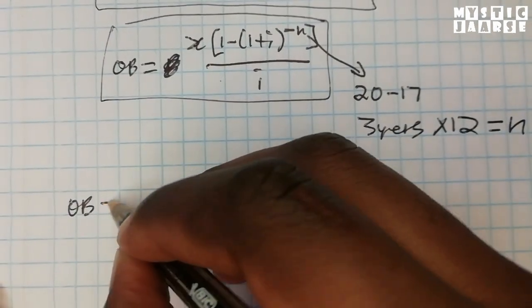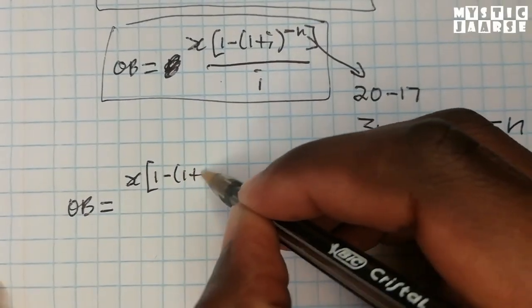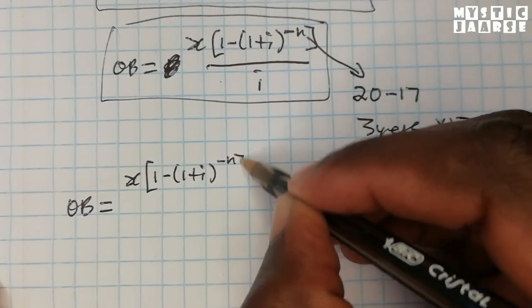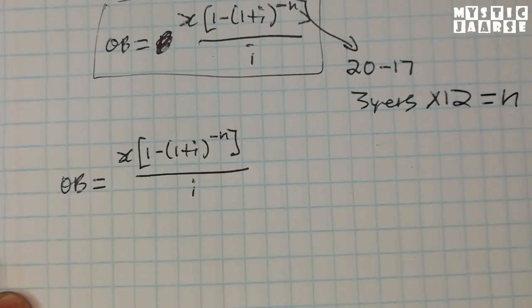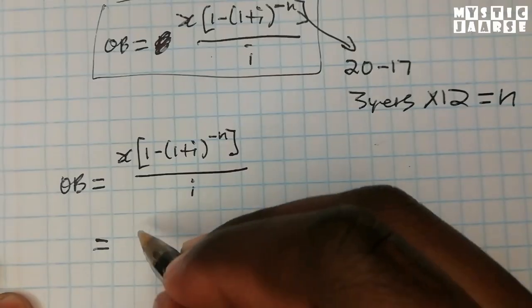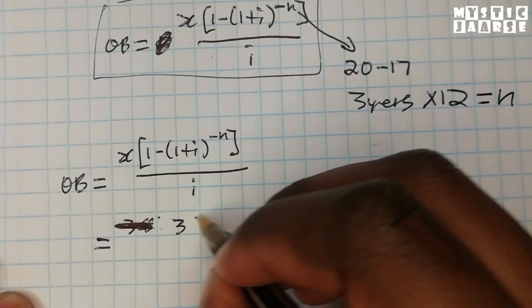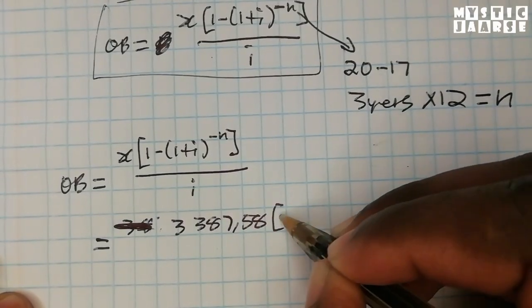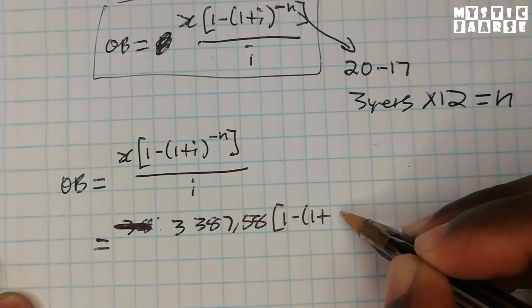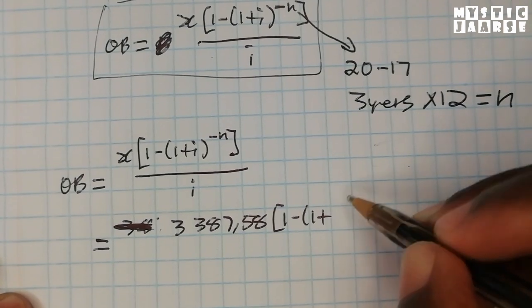Outstanding balance is equal to monthly payments into 1 minus 1 plus i to the power of negative n, close, divided by interest rate as a decimal. So Mr. Williams is making monthly payments of 3,387 rand 58 cents into 1 minus 1 plus, they say the interest rate is 8% per annum compounded monthly.